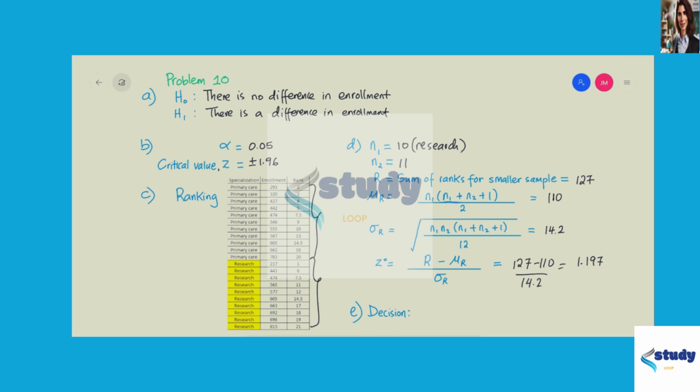So now we can make a decision to reject or fail to reject the null hypothesis based on the comparison of the critical value of z and the calculated value of z.